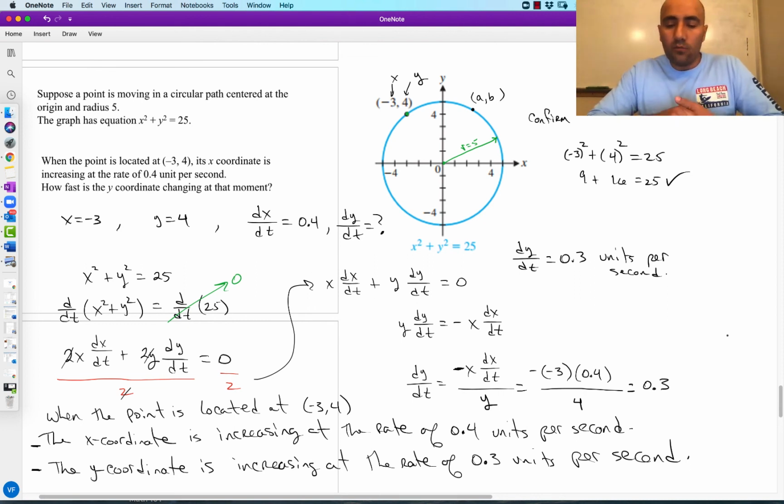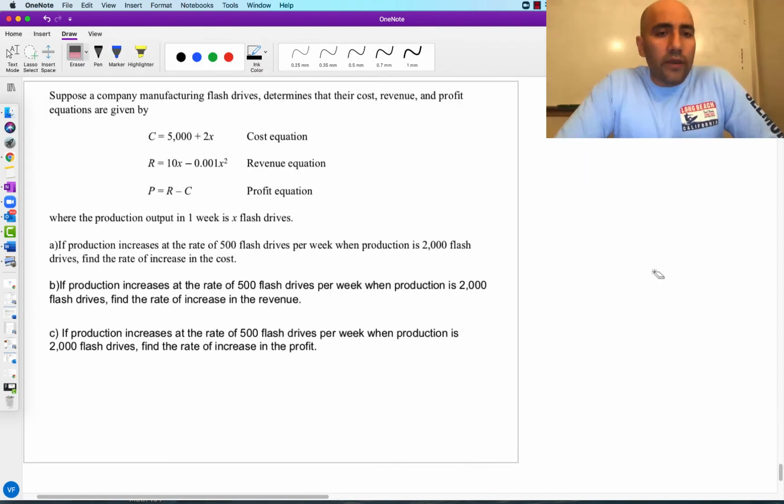Okay, let's do one more example that involves business things, since you guys like business questions, right? Let's try this question out. Suppose a company manufacturing flash drives determines that their cost, revenue, and profit equations are given by these. The cost function is equal to 5,000 plus 2x.